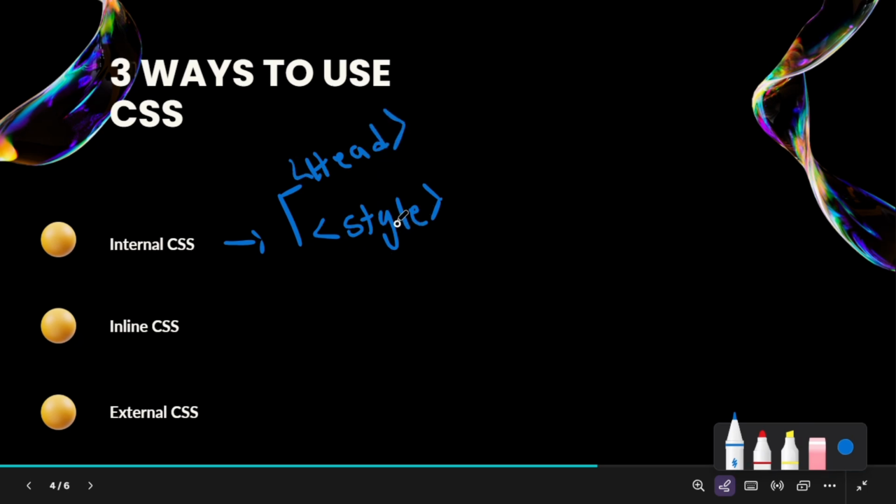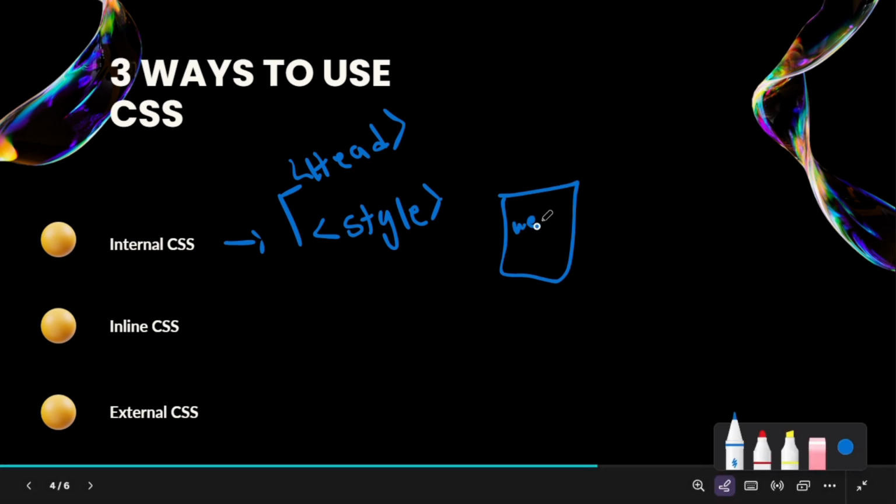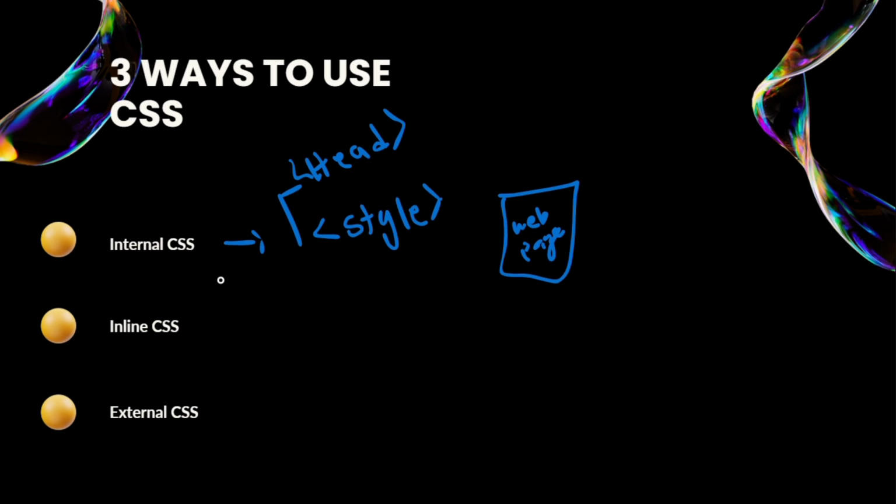When there comes a style there, it is known as internal CSS, and it is applied to the whole web page. We will give an example at the end of the lecture when we go to VS Code.